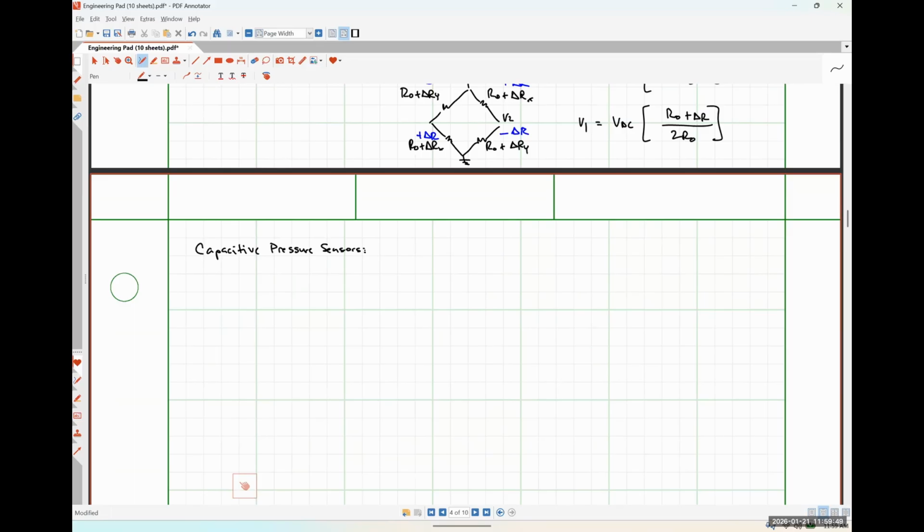A capacitive pressure sensor, as I said earlier, is going to be something akin to this. Here I've got my membrane.